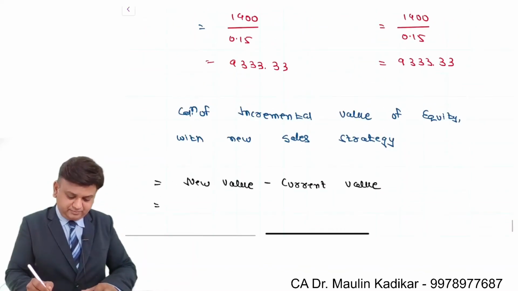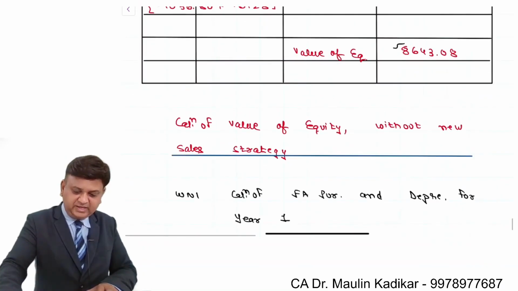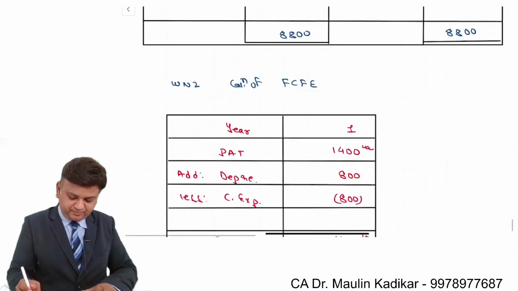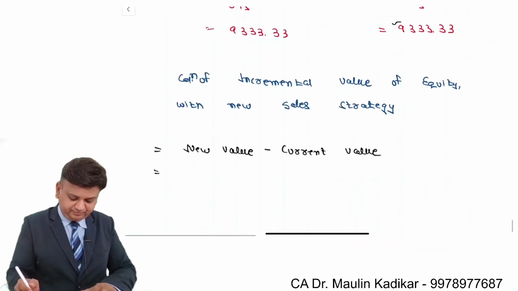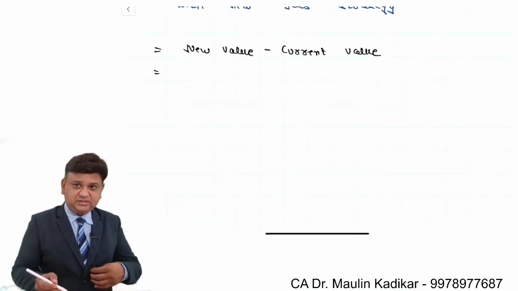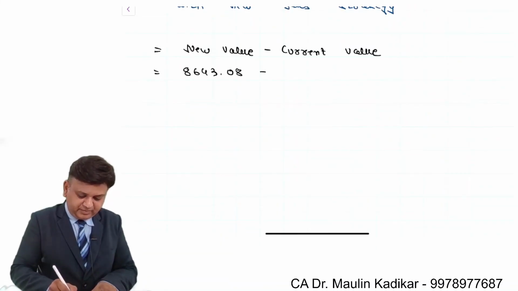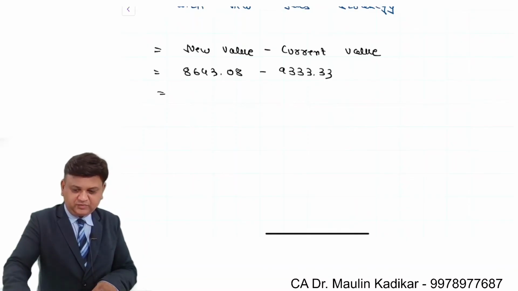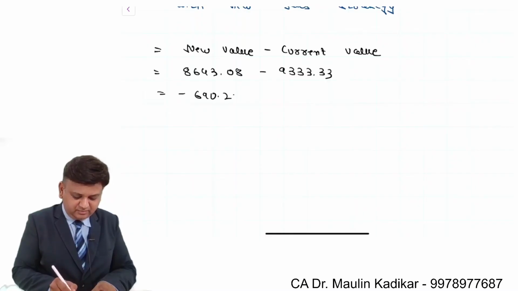What is the new value? The new value is 8643.08 and the current value is 9333.33. So the answer will be found like this: 8643.08 minus 9333.33. So the final answer is going to be negative 690.24.